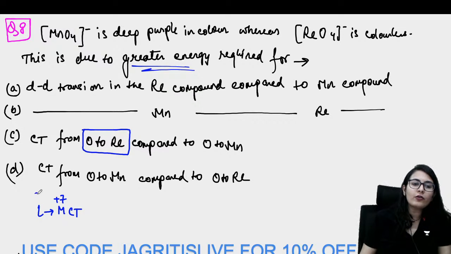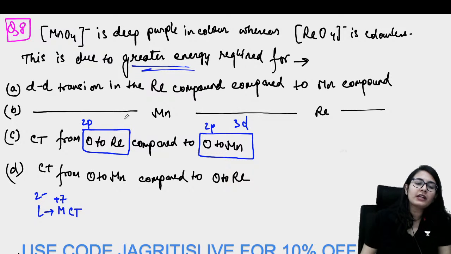And the ligand is O2 minus, so it can give the electron density to the electron deficient metal, but oxygen is giving the electron density from 2p. All right, here also oxygen is giving from 2p. Manganese is accepting in the 3d, however rhenium is going to accept in 5d. Yes, 5d over here.